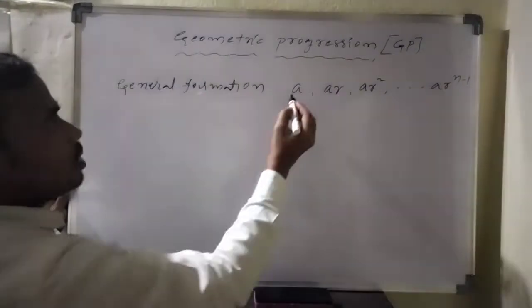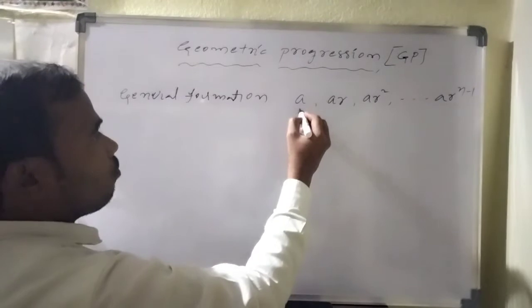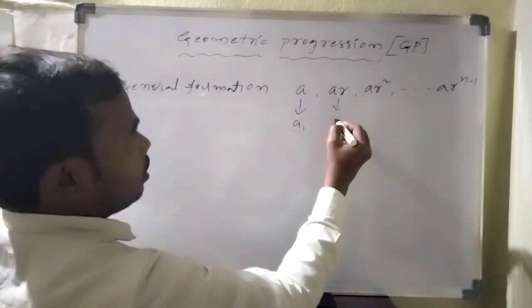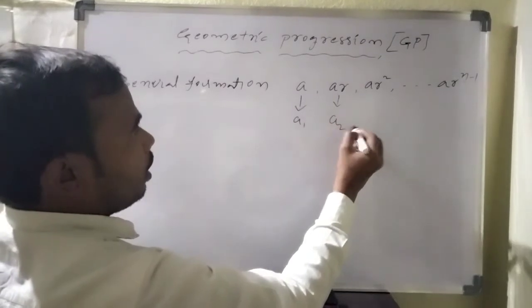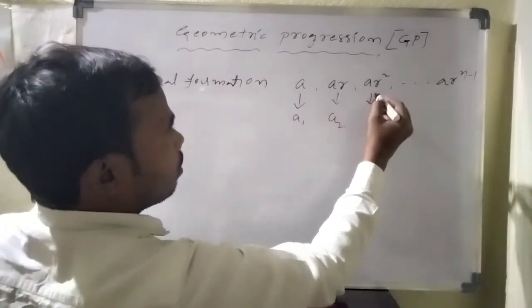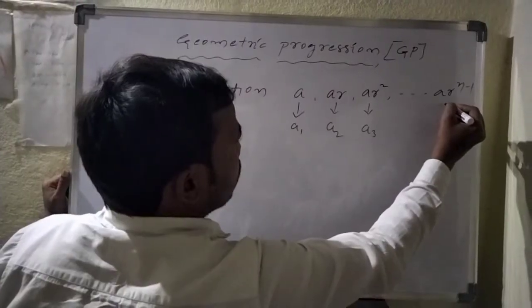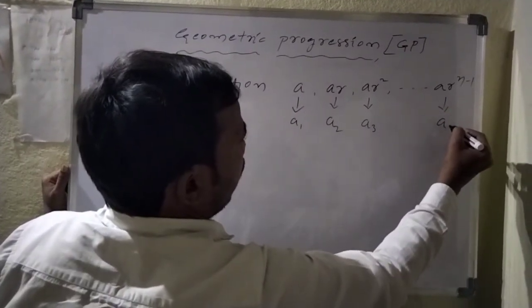Here a is the first term a1, ar is the second term a2, ar square is the third term, and this is the nth term.